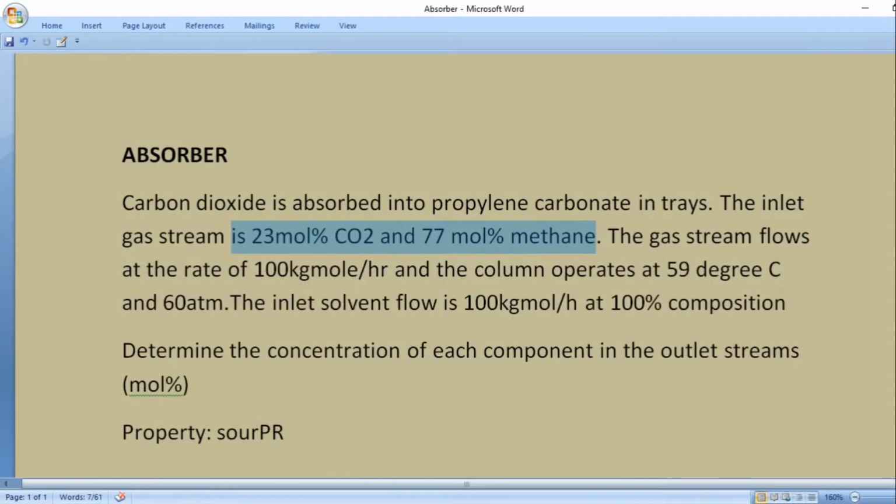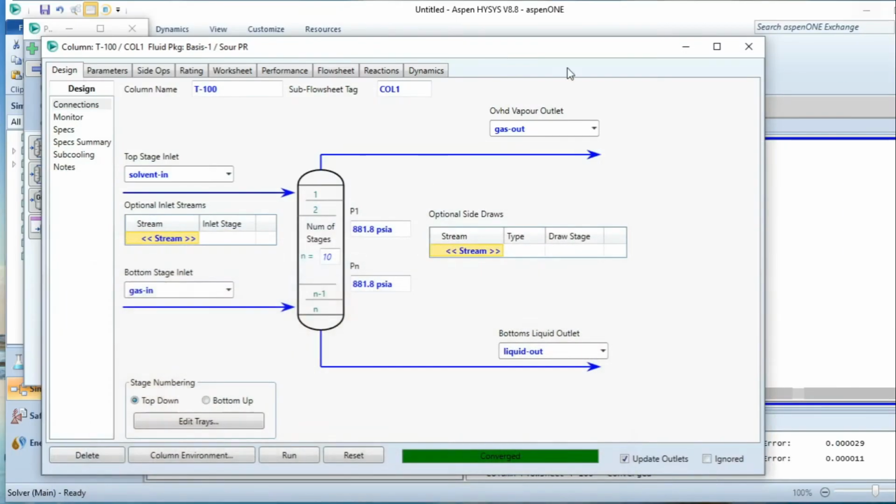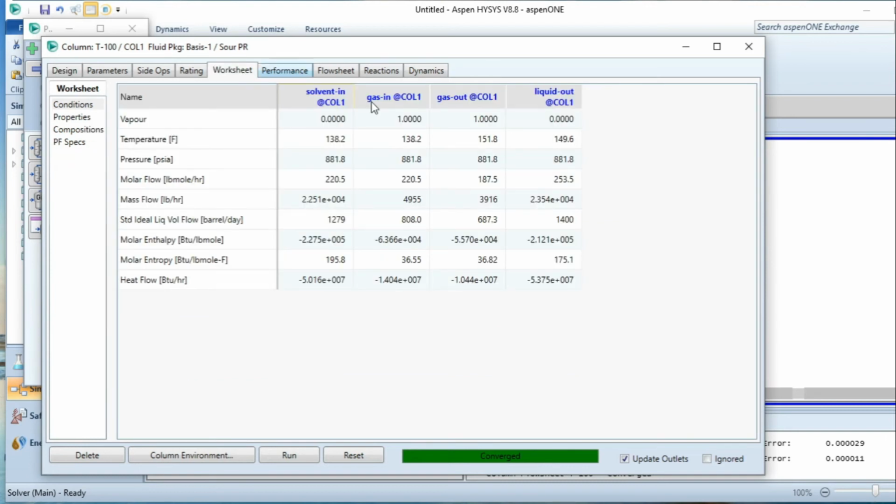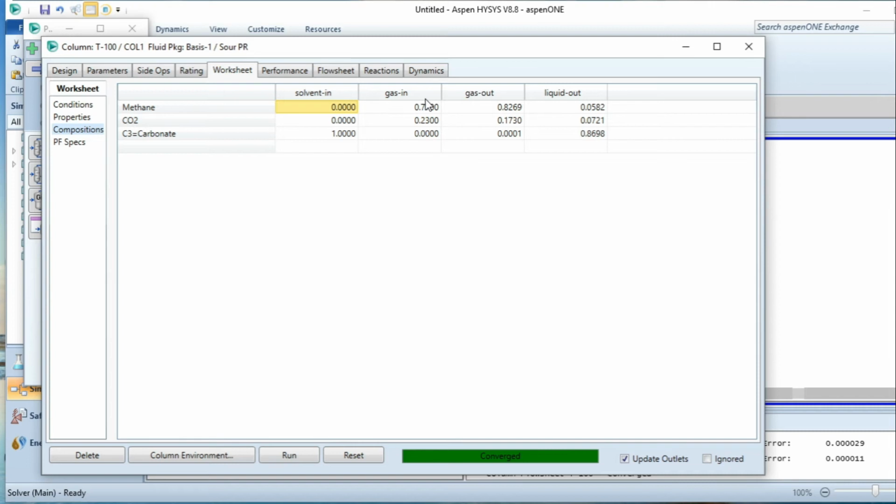So the question asks us to determine the concentration of each component in the outlet stream. So let's go to the worksheets and composition. For the gas out, the composition of methane is 0.8269, in terms of percent, 82.69%.